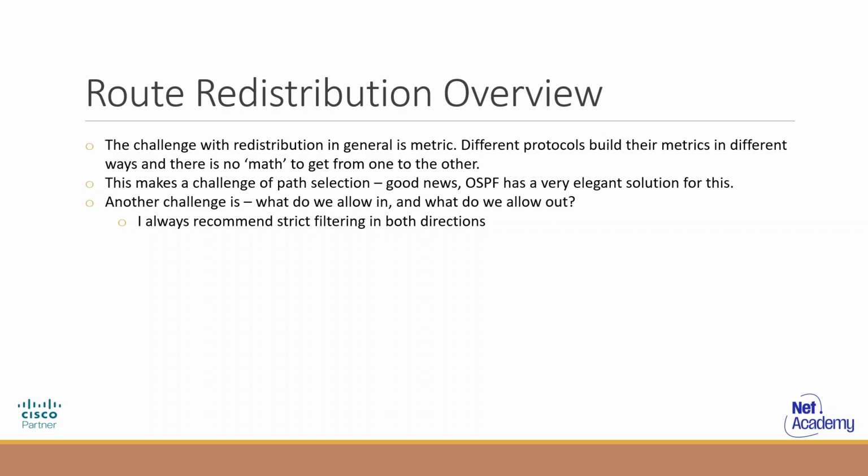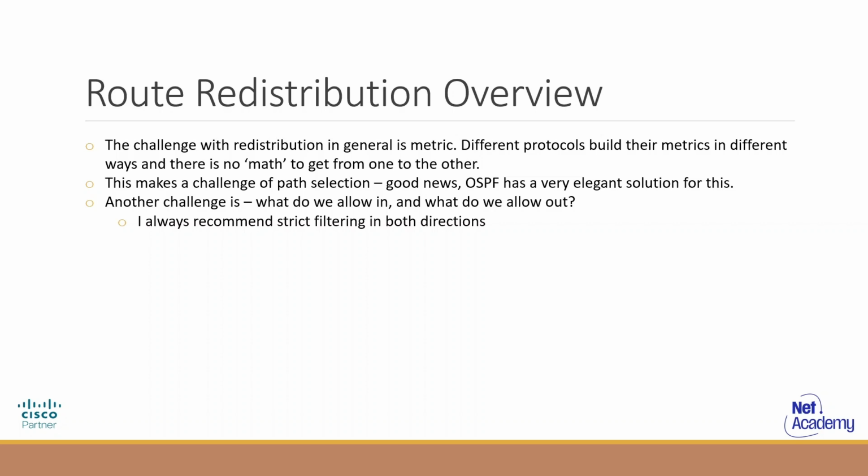It just doesn't work. And so it's always a challenge, right? And this makes the challenge really one of path selection, taking suboptimal paths or getting things like routing loops, etc. But the good news, like I said, in my opinion, OSPF has a really elegant solution for this.